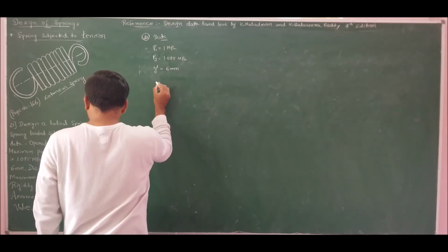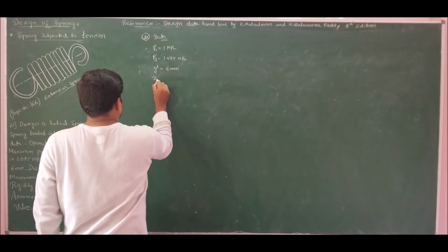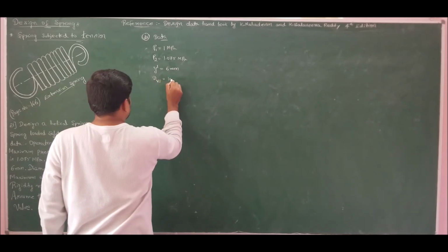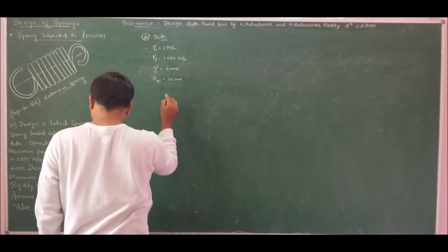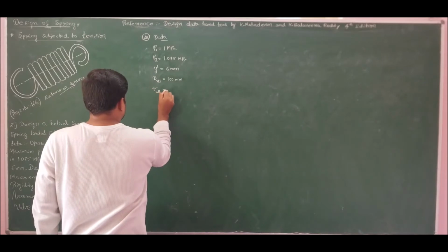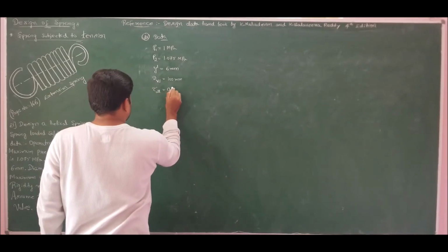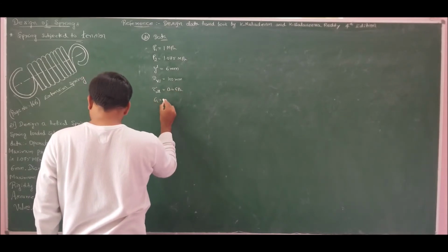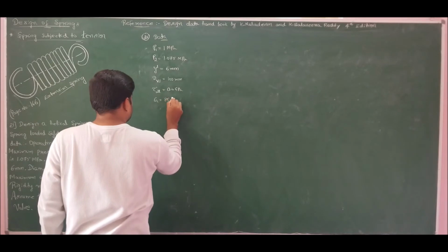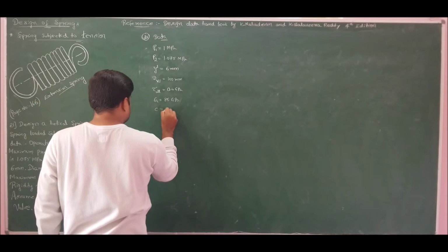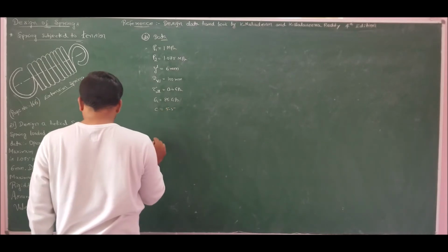Diameter of the valve seat is given as 100 millimeters. Maximum allowable shear stress tau allowable is specified as 0.4 gigapascal. Modulus of rigidity G is specified as 86 gigapascal, and spring index C is given as 5.5.